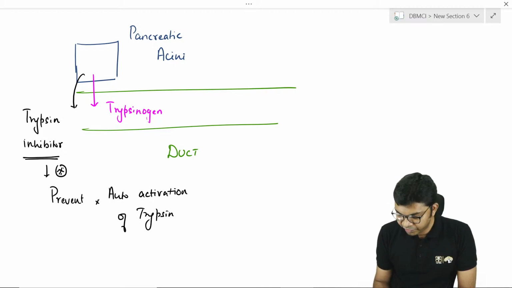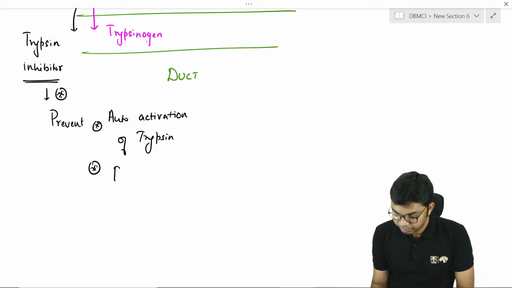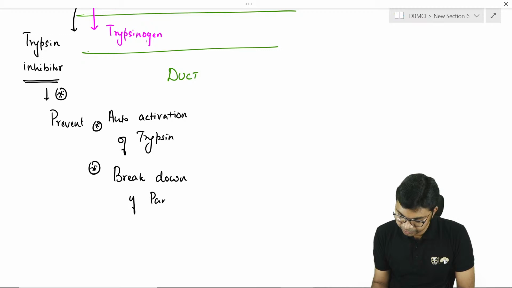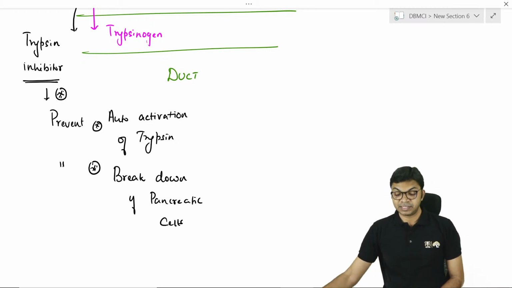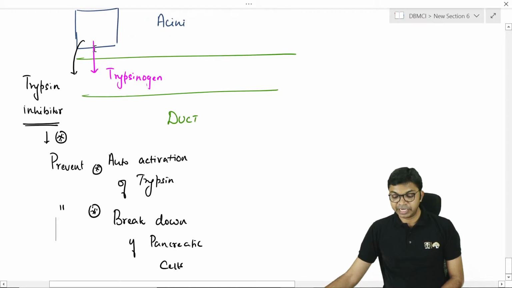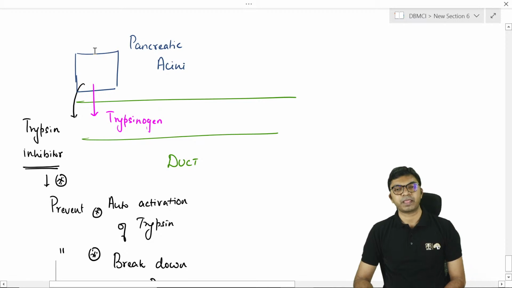Thereby, it is very important to prevent breakdown of pancreatic cells itself. So it prevents autoactivation of trypsin and prevents breakdown of pancreatic cells. These are all done by the trypsin inhibitor enzyme produced by the very same cell that produces trypsin, doctors.